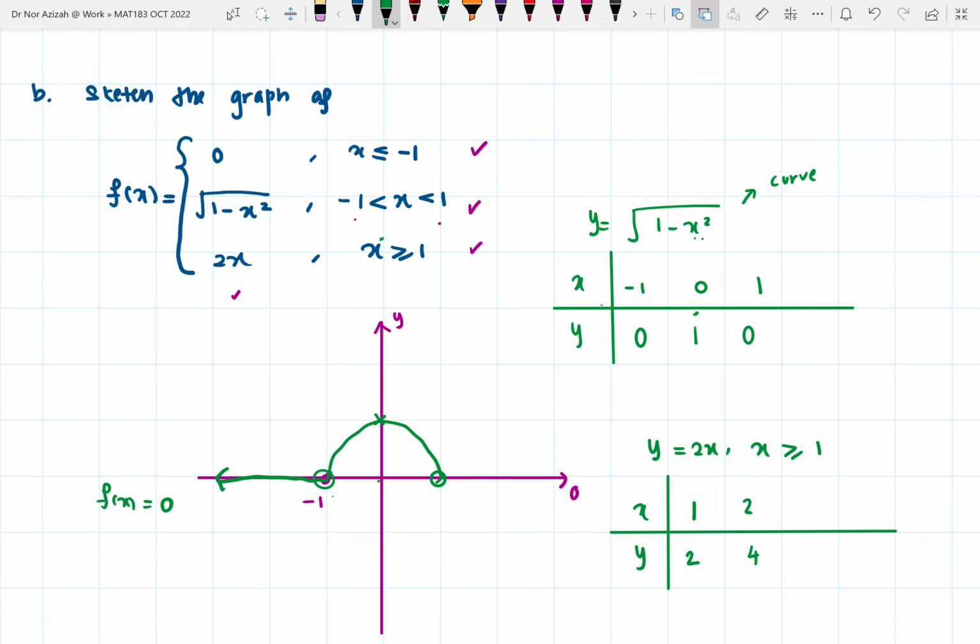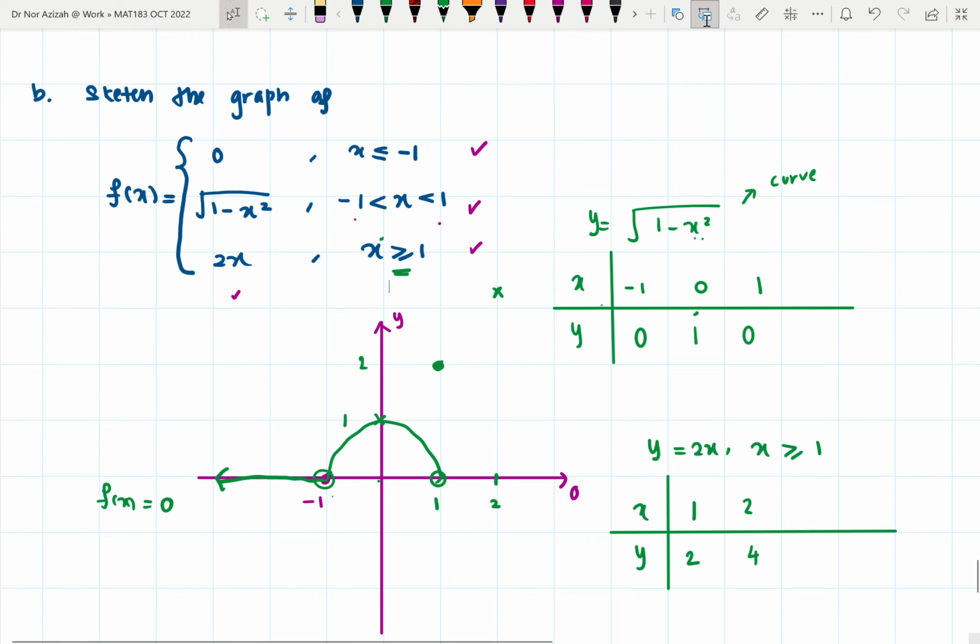Okay, so plot the points. When x equals 1, you will get 2. This one is 1, right? So let's say this one is 2. So 1 point here. When x equals 2, you will get 4. Let's say the point is here. Okay, so x greater than or equal to 1, so this one is included because of greater than or equal.